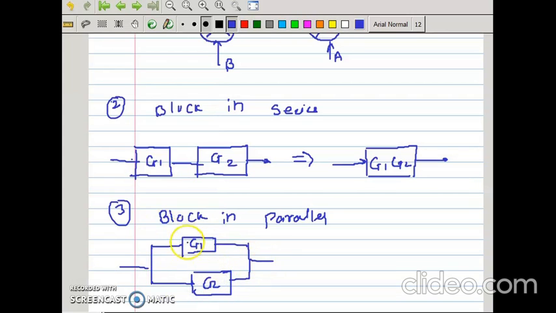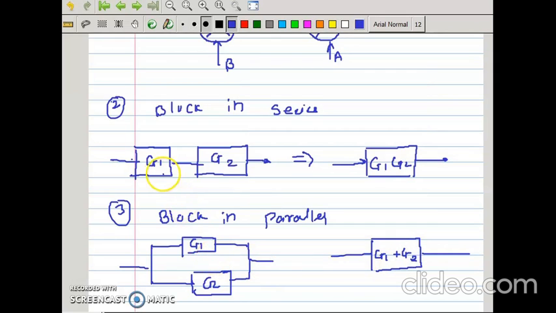Suppose the two blocks G1 and G2 are both in parallel, we can replace two or more than two, 3, 4, 5, any number of blocks, but all blocks should be in parallel. If blocks are in parallel, we can replace all blocks using a single block, and for the blocks we are making addition here.